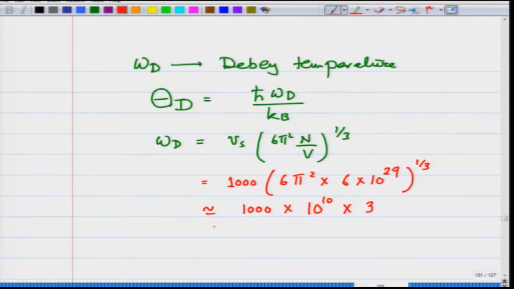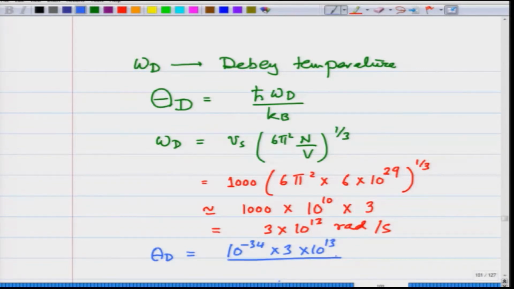So, this is equal to 3 times 10 raised to 13 radians per second, and therefore θ_D will be equal to ħ, which is 10 raised to minus 34, times 3 times 10 raised to 13, divided by k_B, which is 10 raised to minus 23. So, this comes out to be roughly 300 K.